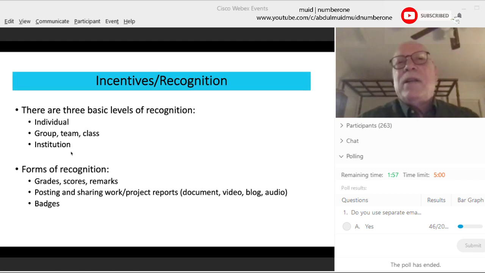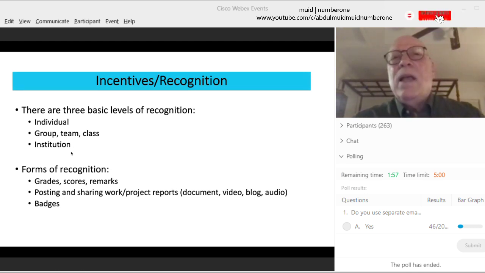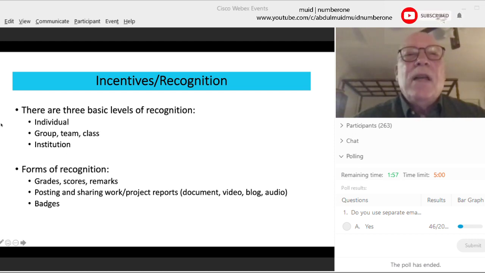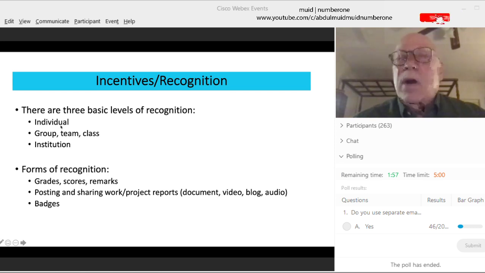So incentives and recognition. Incentives and recognition are really key towards keeping students engaged, keeping them interested. So there are 3 basic levels of recognition: individual or group students, or teams of students or classes.